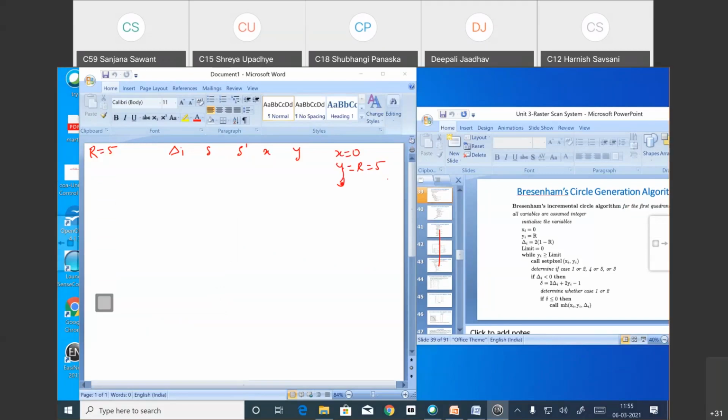Next, we calculate the value of uppercase delta I, which is 2 multiplied with 1 minus r. So it is 2 multiplied with minus 4, correct? So it is minus 8. The initial value of delta I is minus 8.